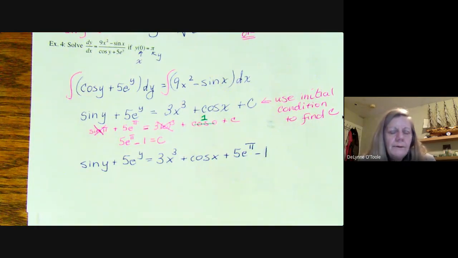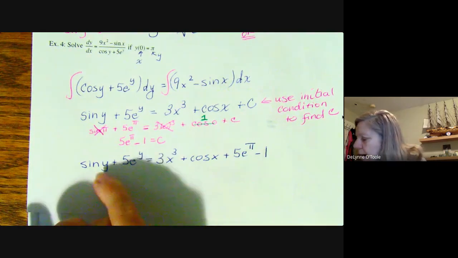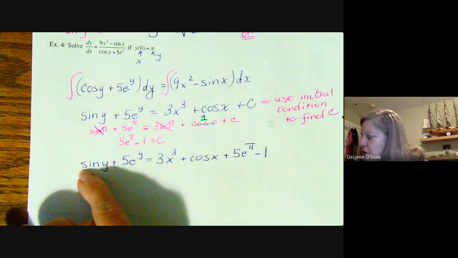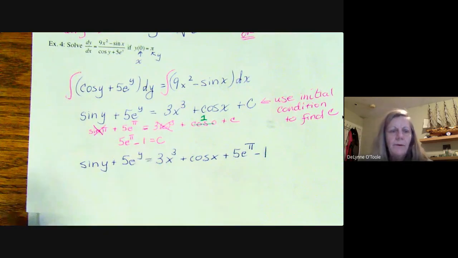Okay, now we have to ask ourselves the question, can I solve for y? Well, I can't, because there's no way I can get the y out of the sine function and out of the exponent at the same time.